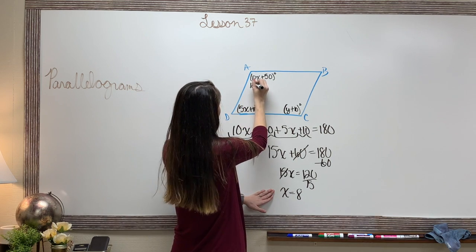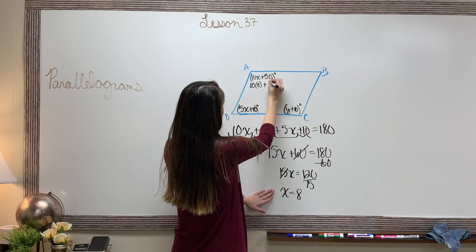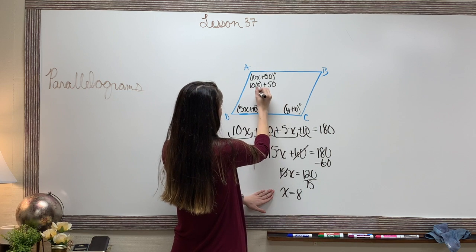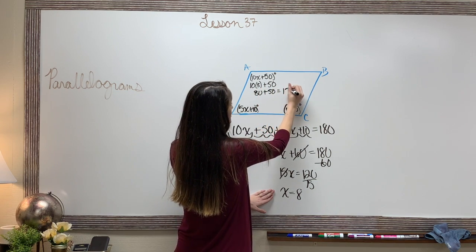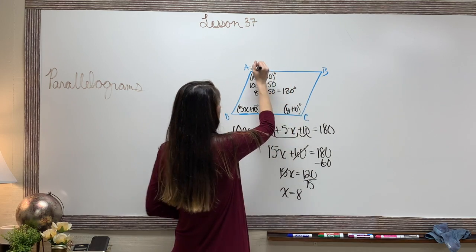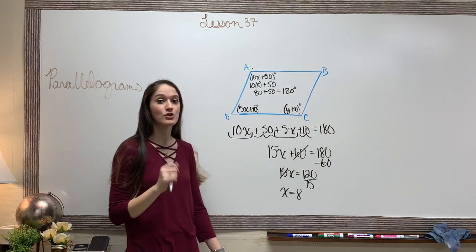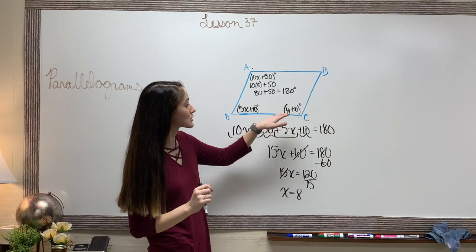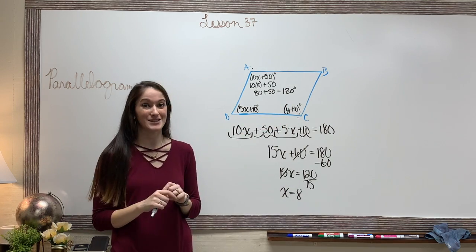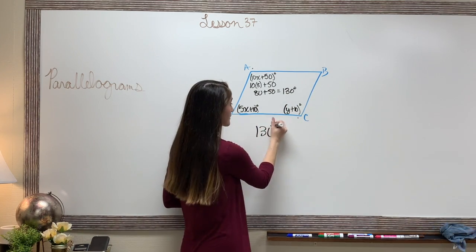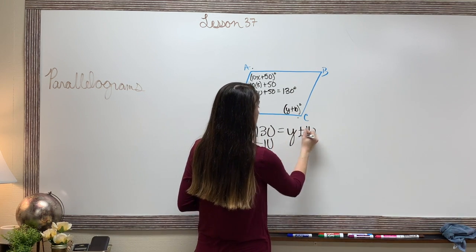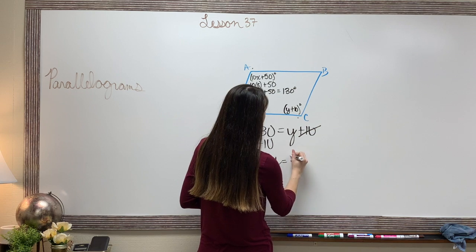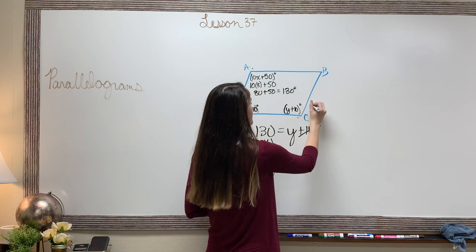So 10 times 8 plus 50, so 80 plus 50 equals 130 degrees. And we know that angle A and angle C are congruent, so we can say 130 will equal y plus 10. So 130 equals y plus 10. We're going to subtract 10. So that's gone, and y will equal 120.